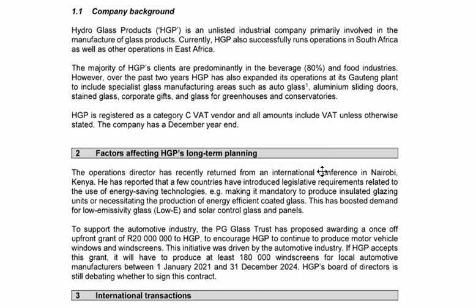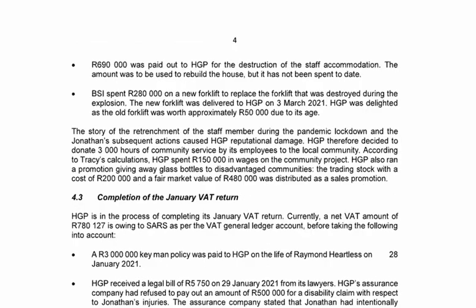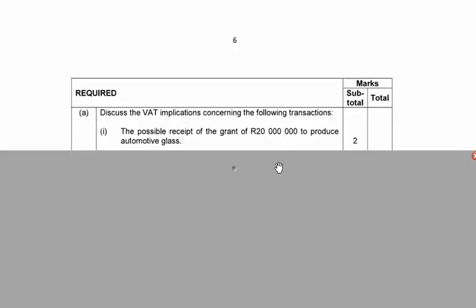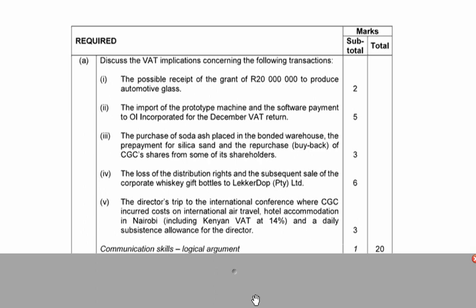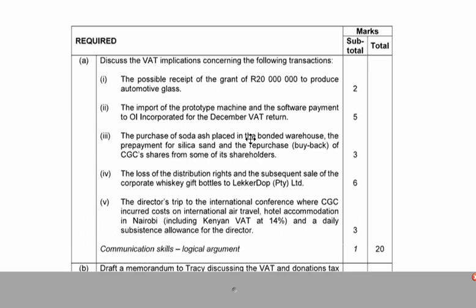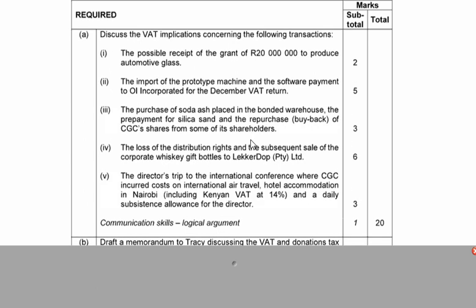Okay, so let's start having a look at the required itself. The first question in the required is this one. Let me explain what I tried to get you to do here. This is a 20-mark question. There are 5 scenarios, and they tell you the number of marks per scenario.